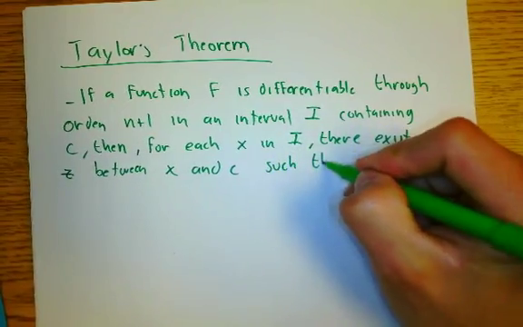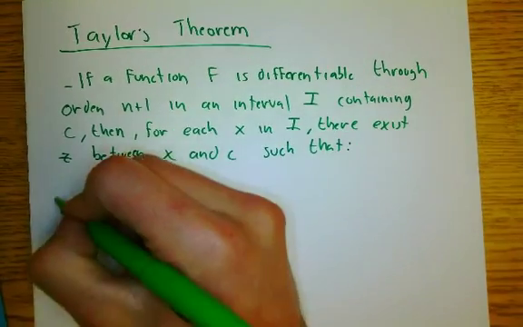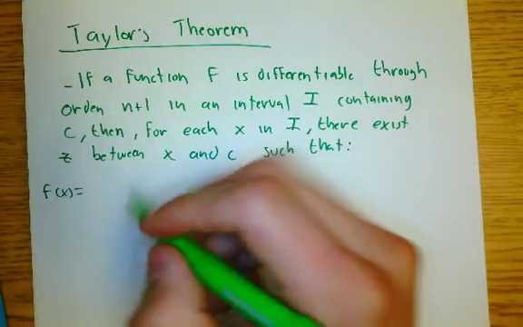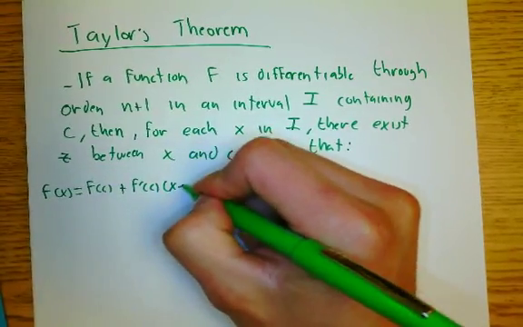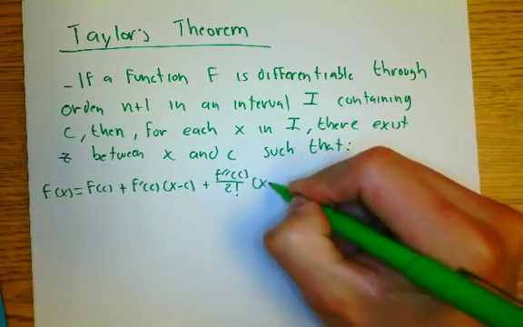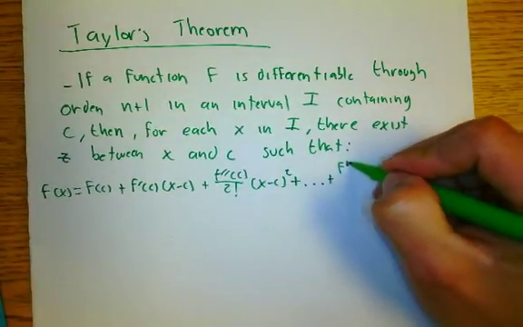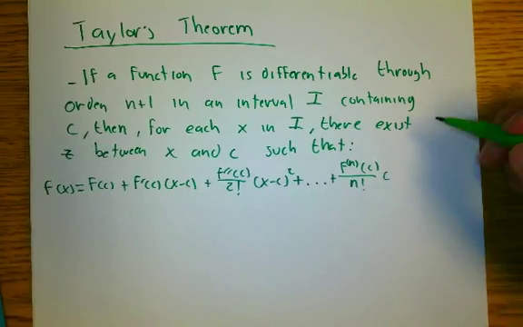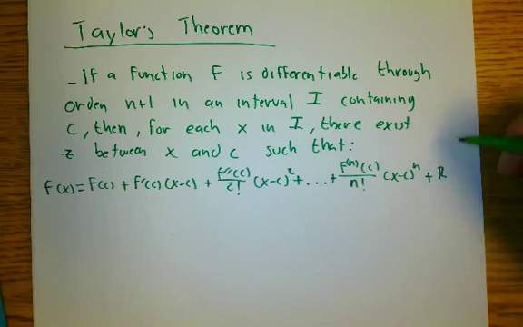f of x would be equal to f of c plus f prime c times x minus c plus f double prime c over 2 factorial times x minus c squared plus dot dot dot plus the nth derivative at c over n factorial times x minus c to the n power plus, and here is a new addition to this polynomial, R sub n of x.